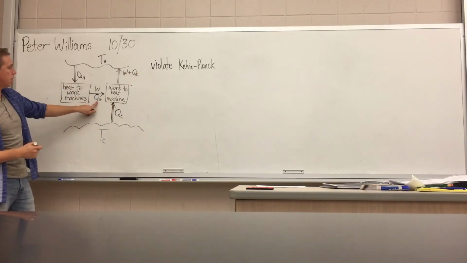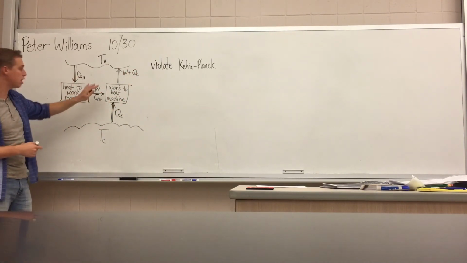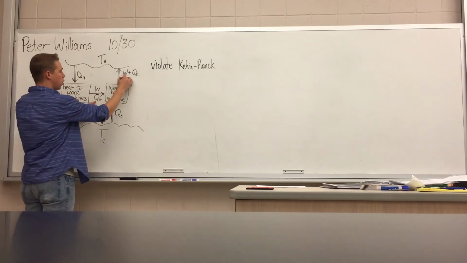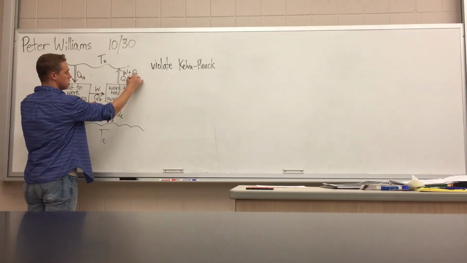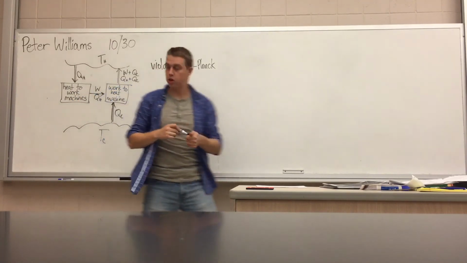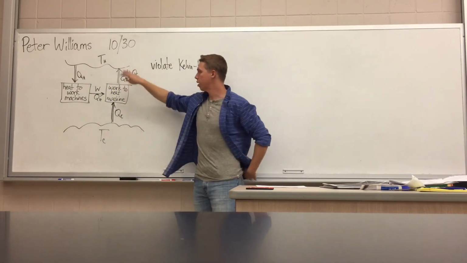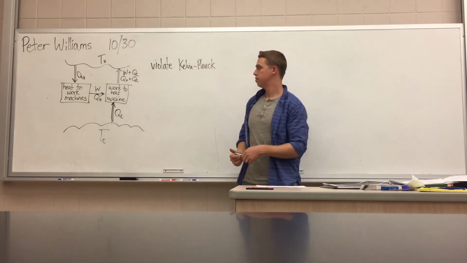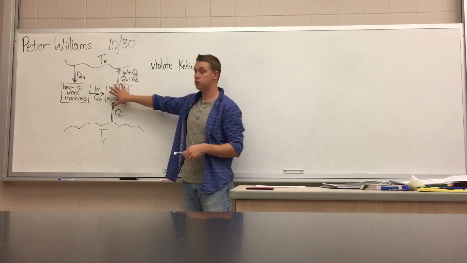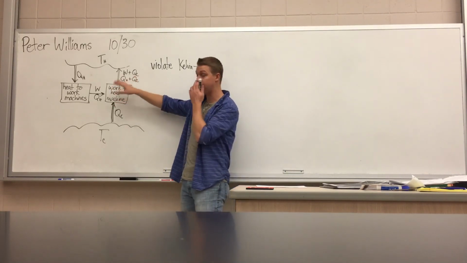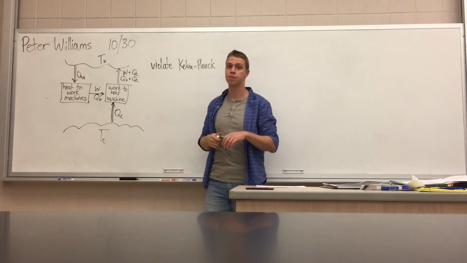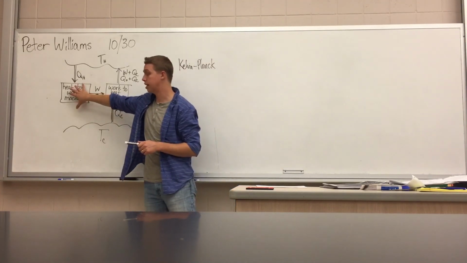Or I could rewrite it, because this was our violation, a perfect machine where work was equal to QH, I can have QH plus QC going back up. And this machine we think is allowed, right? We haven't tried to cause a violation. All we've tried to violate is this.